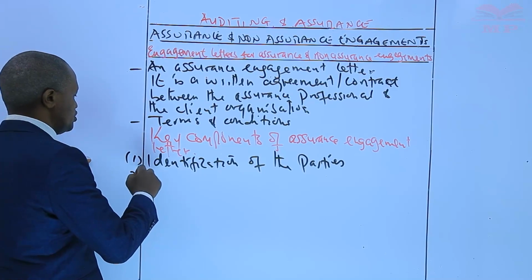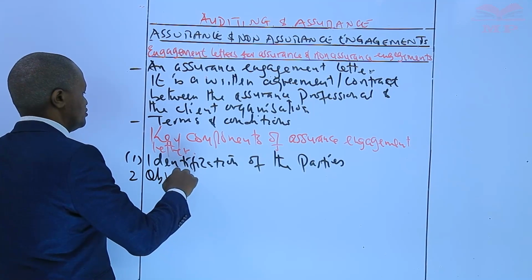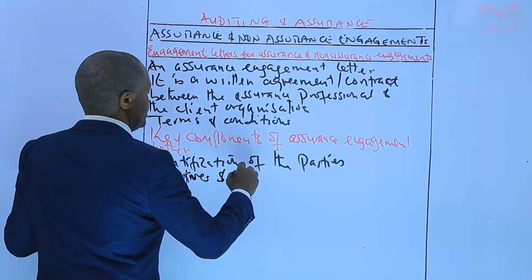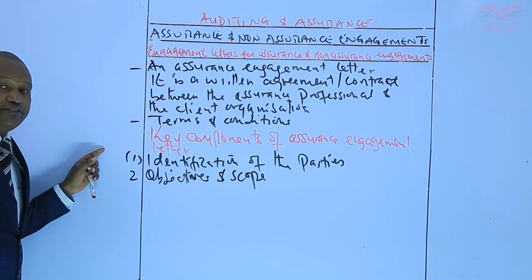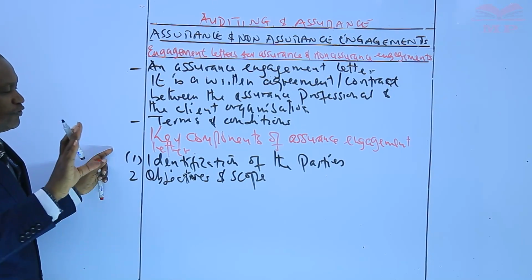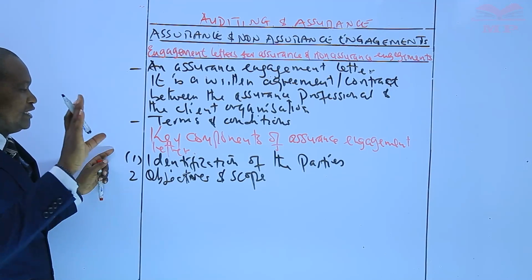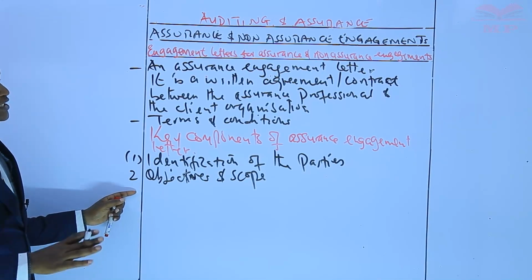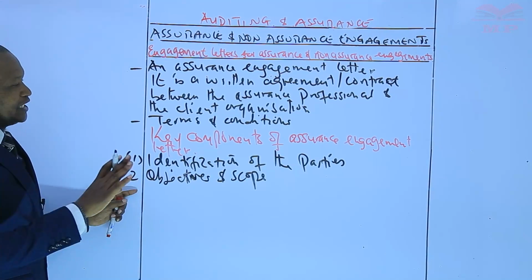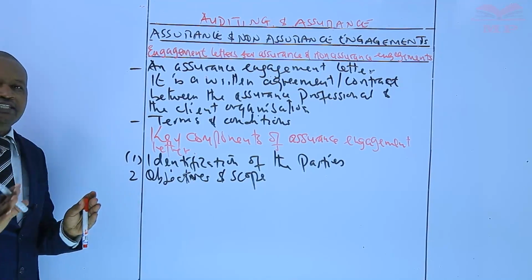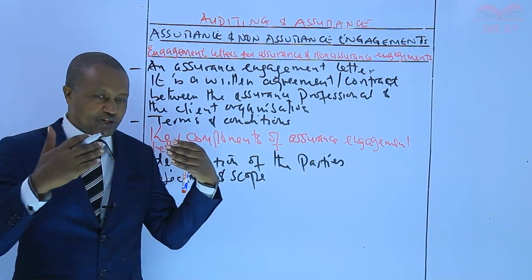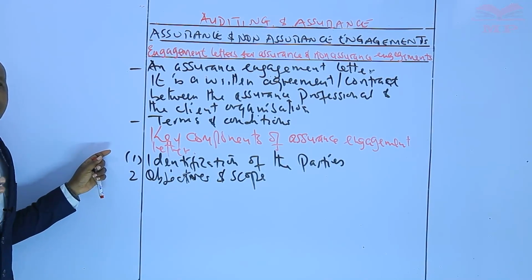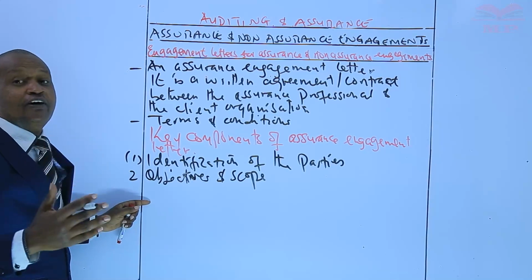Number 2, the objectives and the scope of the assurance engagement. Candidates, an assurance engagement letter outlines the purpose and the objectives of the assurance engagement, specifying the specific subject matter to be evaluated.